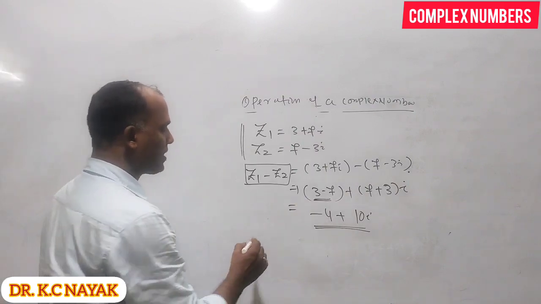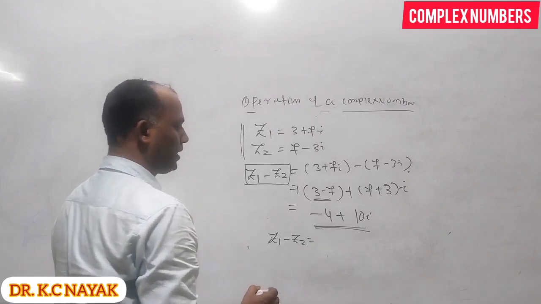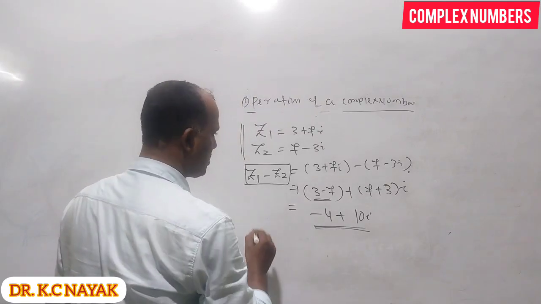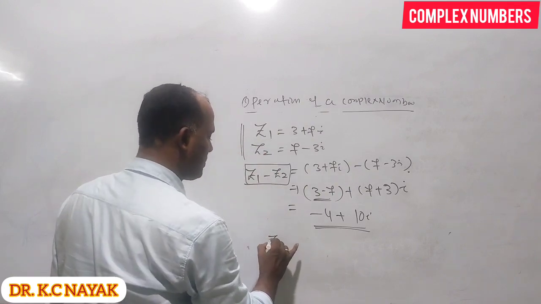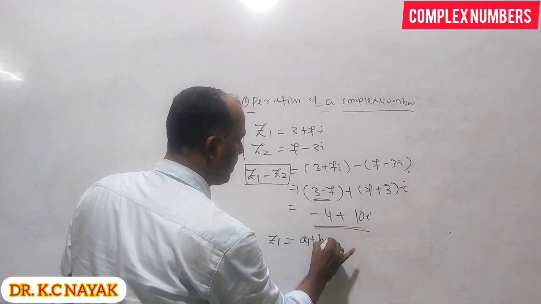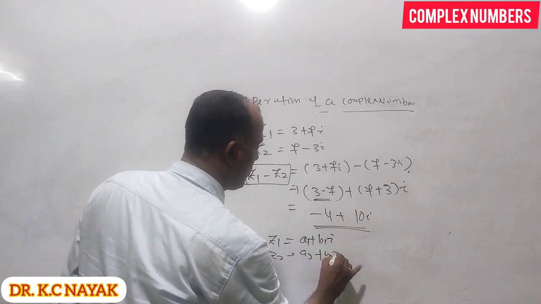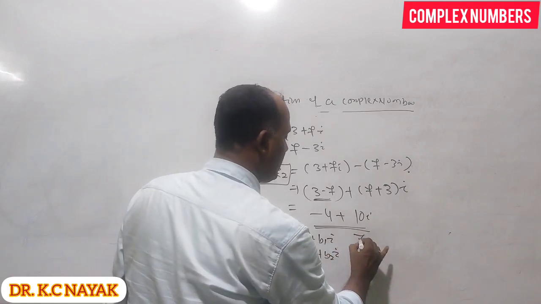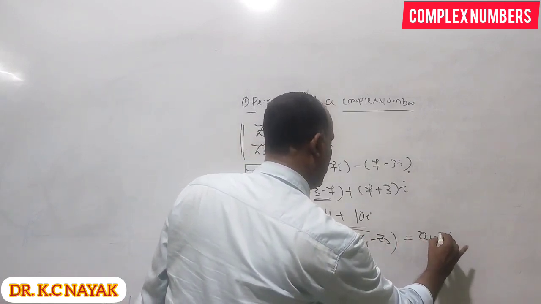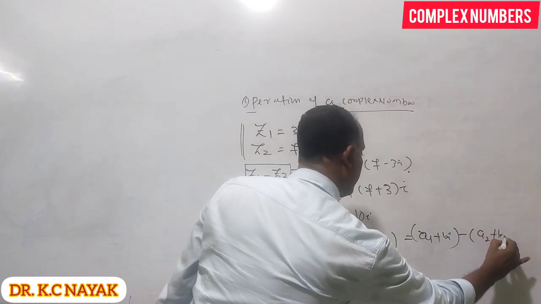So z1 minus z2 is equal to, just remember what my concept is. z1 is equal to a1 plus b1i, z2 is equal to a2 plus b2i. That means z1 minus z2 is equal to a1 plus b1i minus a2 plus b2i.